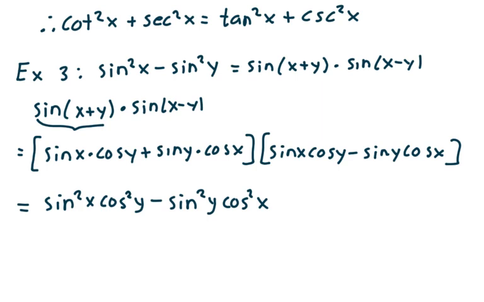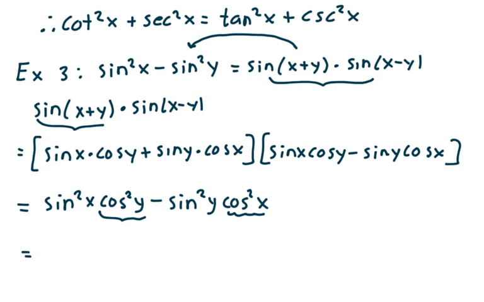Couple of comments. Remember, we started with the right-hand side, and we're trying to arrive at the left-hand side. And in trying to arrive at the left-hand side, I want you to notice, I don't see any cosine squared y's or cosine squared x's, right? So what do we do with that?